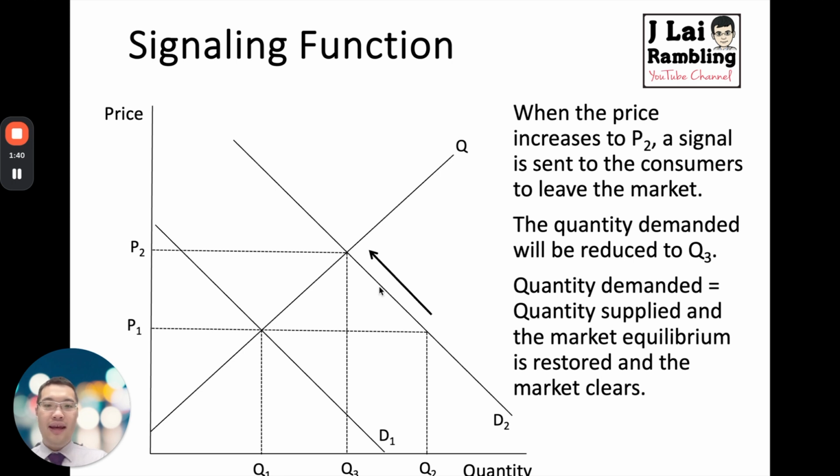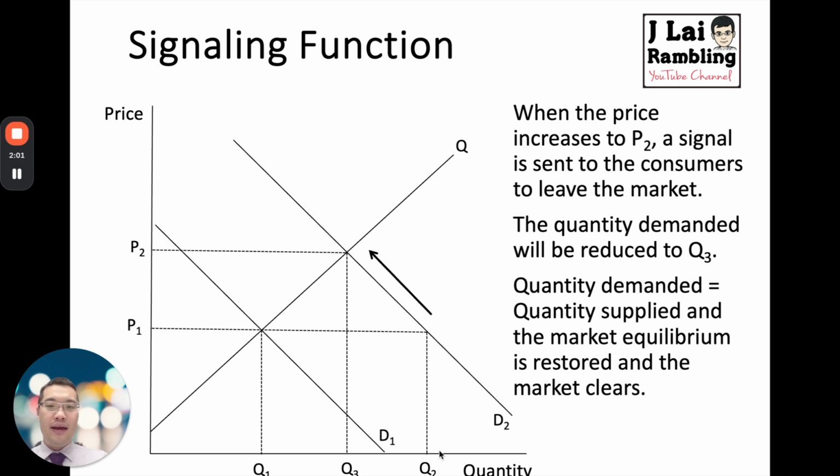On the other hand, it is sending a contrasting message or signal to the consumers. How does that take place? At the existing price P1, when the demand has increased, can you see that the quantity demanded increased from Q1 all the way up to Q2.